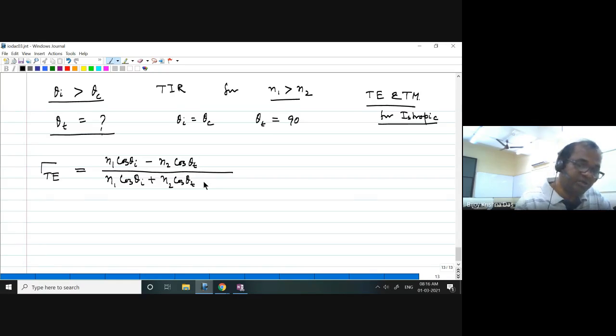Since we don't know what is going to happen to theta t, at least we accept that n1 sin theta i equals n2 sin theta t, which comes directly from Maxwell's equations, the boundary conditions. Whatever situation or consequence happens, this has to be maintained.